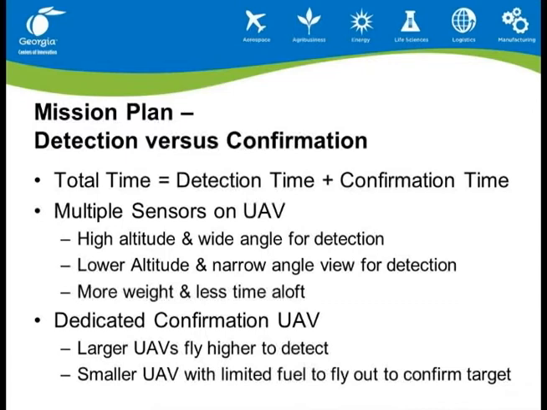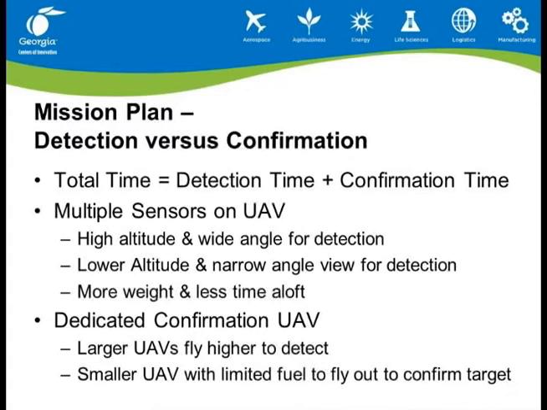This is more weight and less time aloft. One idea that we've talked about is a dedicated confirmation UAV. Have UAVs with your lower cost sensors, wide angle, flying over the site continually so you get coverage, and then when you have a confirmation, one way to do it is to use a totally separate UAV.